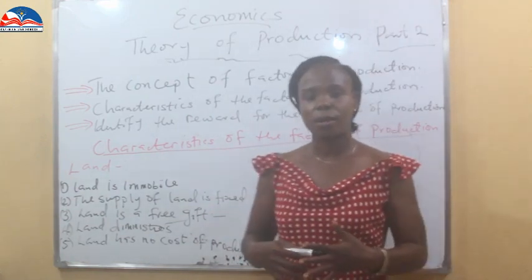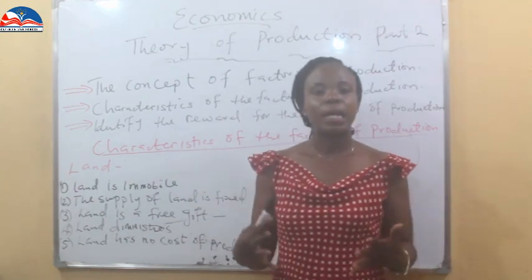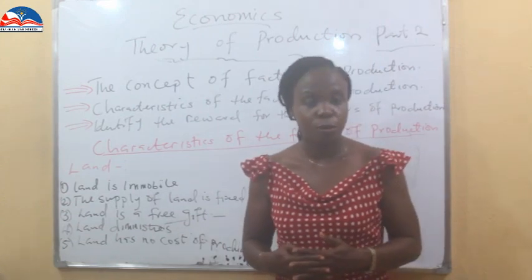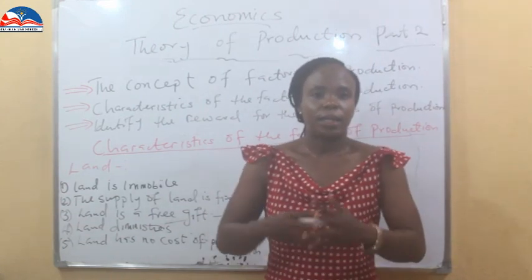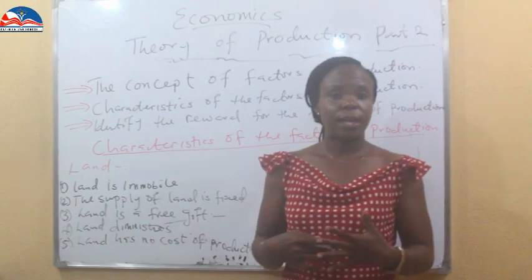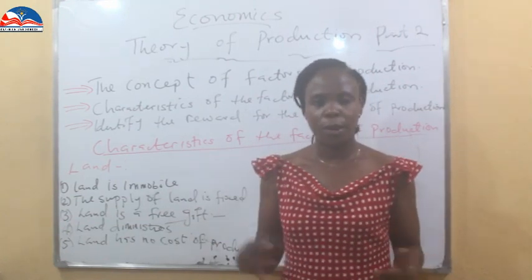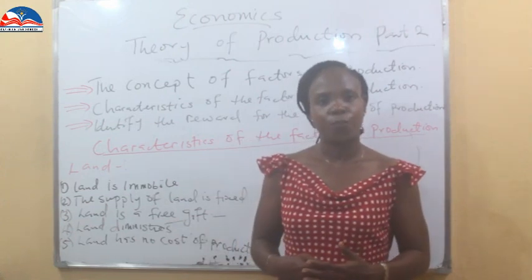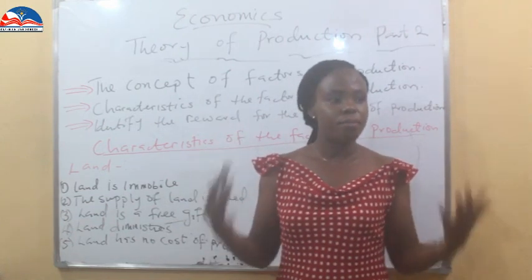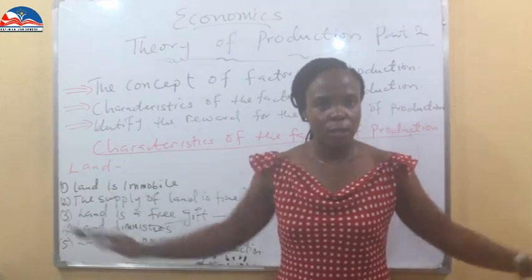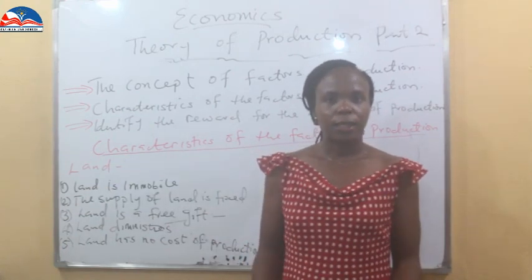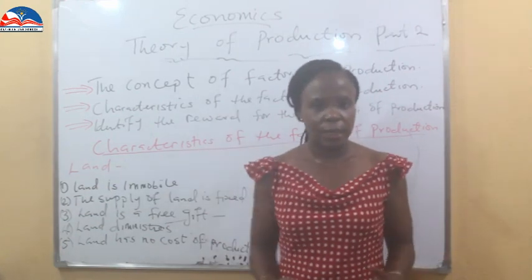But before we see the characteristics of land, what is land? Land is a free gift of nature from God. And land is an immovable structure that cannot be carried about. It is fixed in a position. Land does not just mean the earth's surface, the sand, but it goes beyond that.